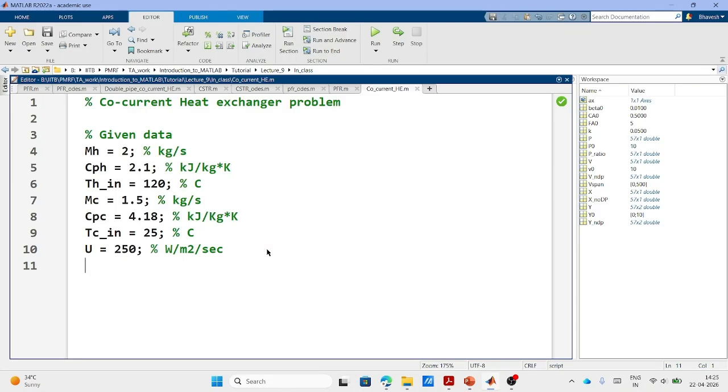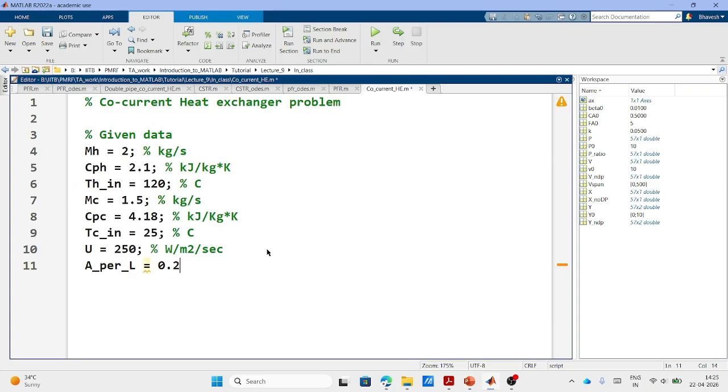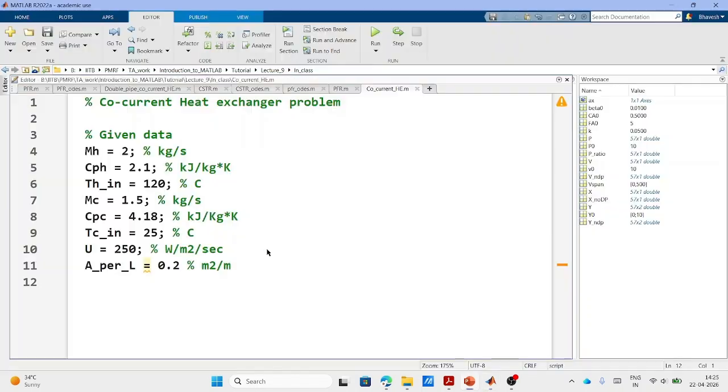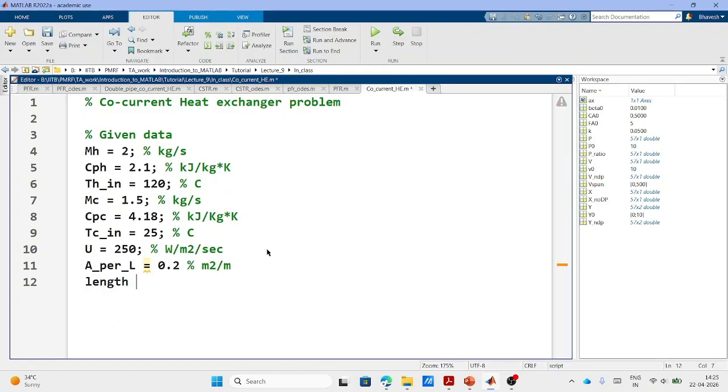Then area per length is given as 0.2 meter square by meter, and the last, total length L is given as 10 meter. Okay, so this is the given data.